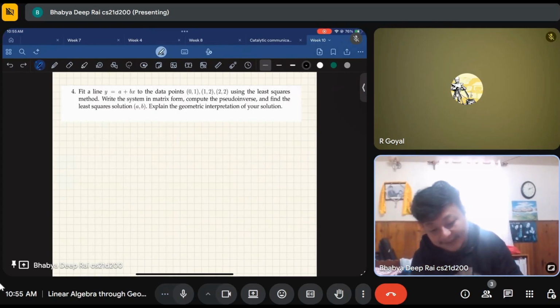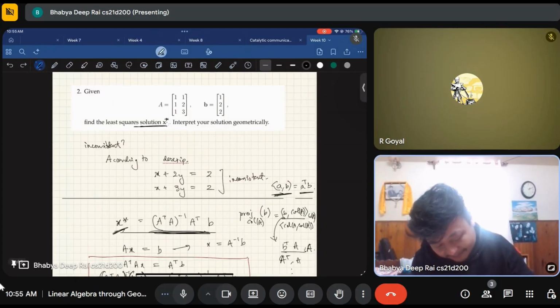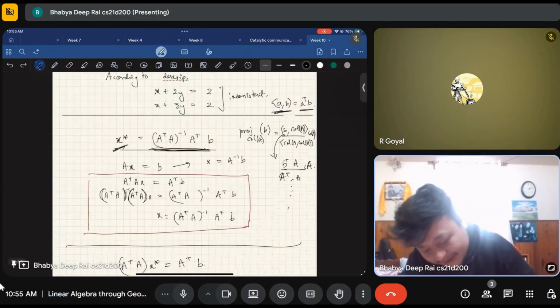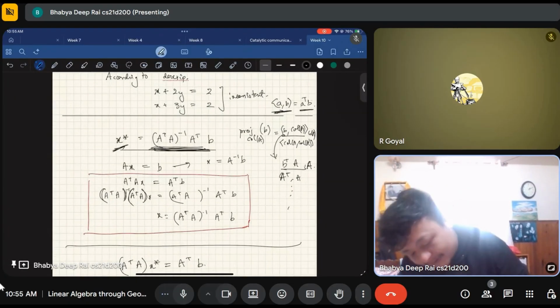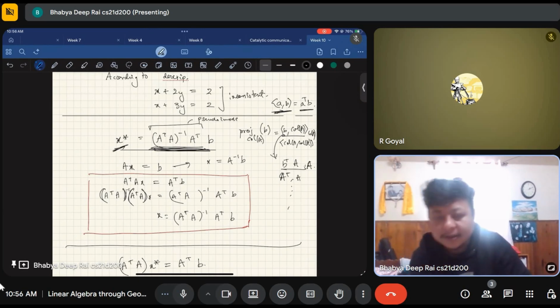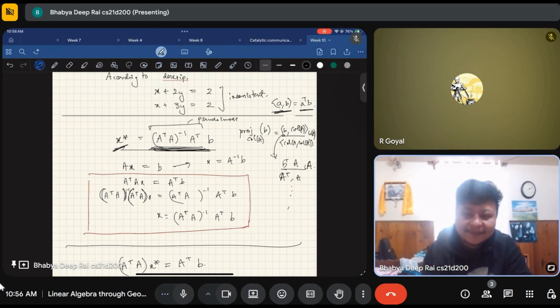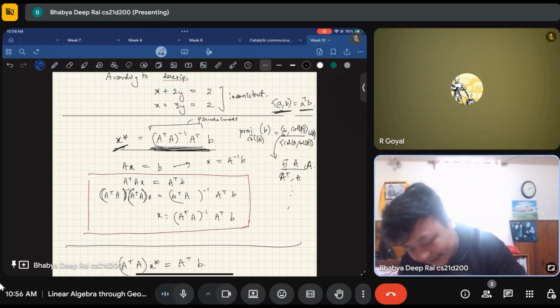Oh, by the way, sorry, I forgot to tell you this. The value (A transpose A) inverse A transpose is what is called a pseudo inverse, because it is acting something like an inverse. You know that x equals A inverse b, but we are saying that we cannot find x.